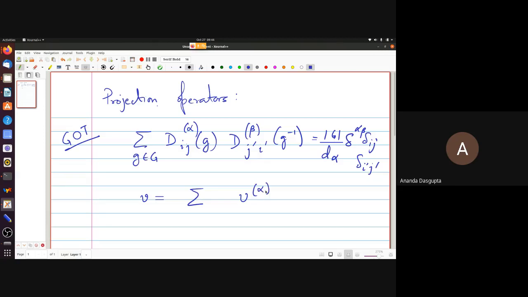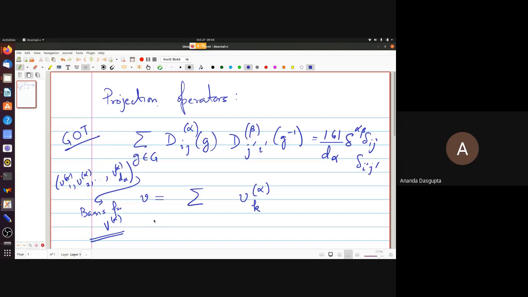If each of these irreps have basis vectors v alpha 1, v alpha 2, v alpha 3 up to v alpha d alpha, then this set is a basis for V alpha, the one which carries the alpha-th irrep.